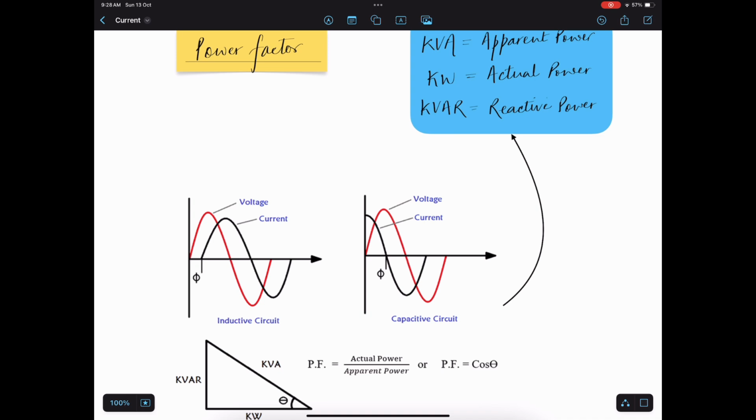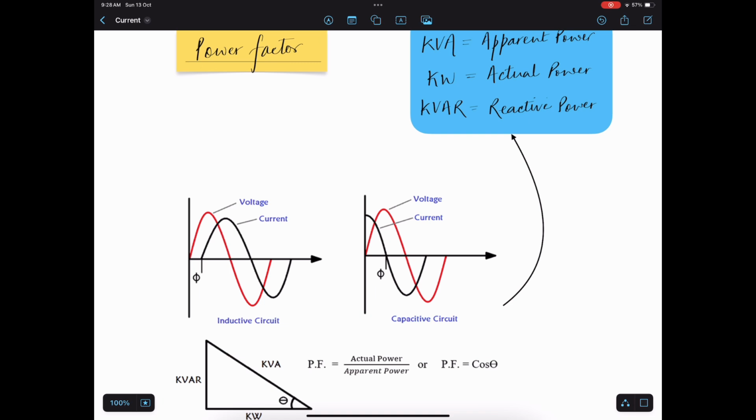And if there is a capacitive load, the current leads the voltage. That's why there is this phase difference between the current and the voltage. This difference is the power factor.